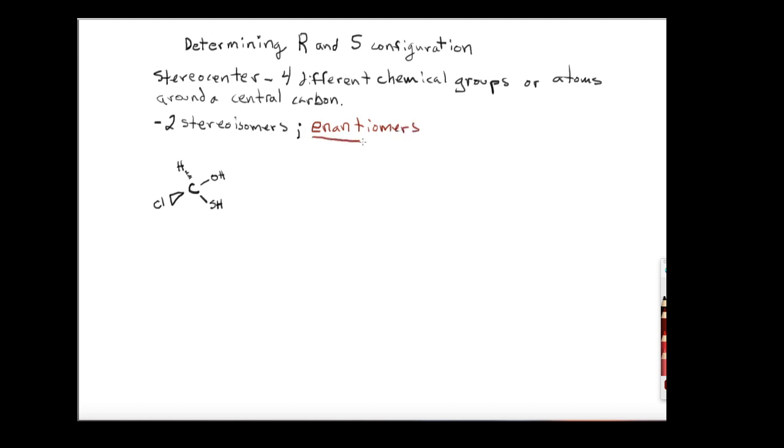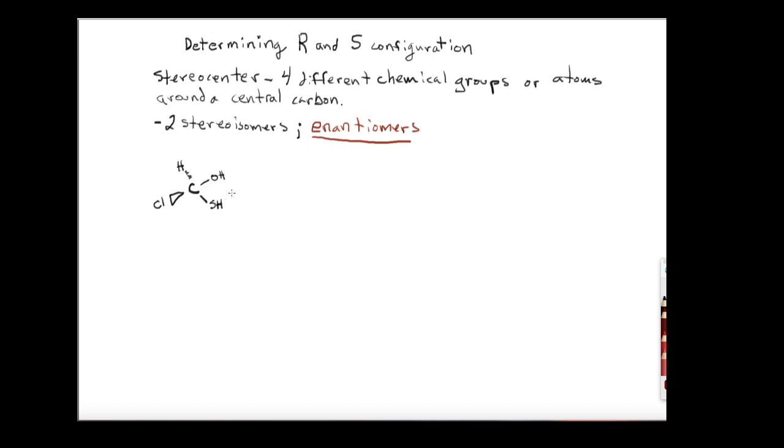This is a hugely important thing in organic chemistry, because even though both of the stereoisomers have exactly the same connectivity, if we switch two of these chemical groups in terms of their placement, this creates the opposite stereoisomer.